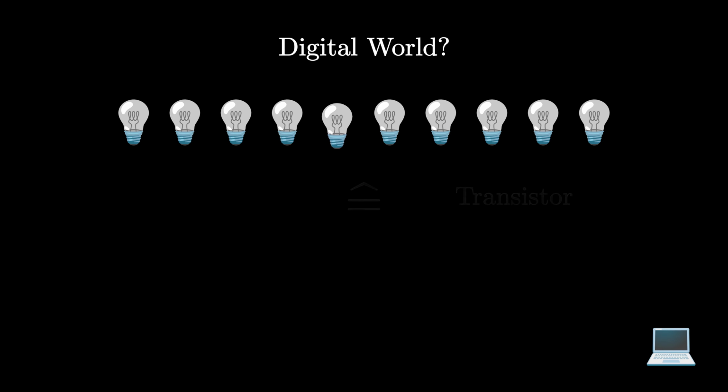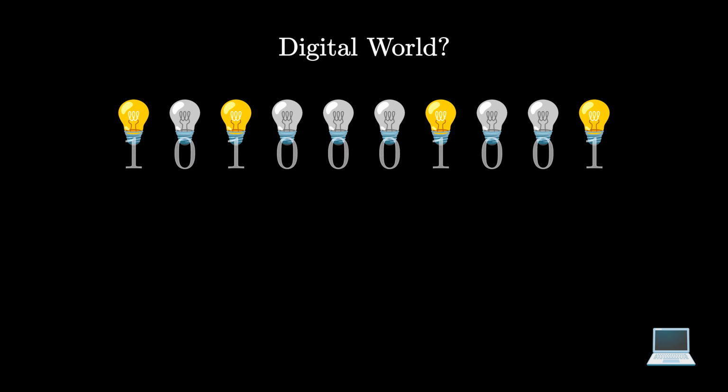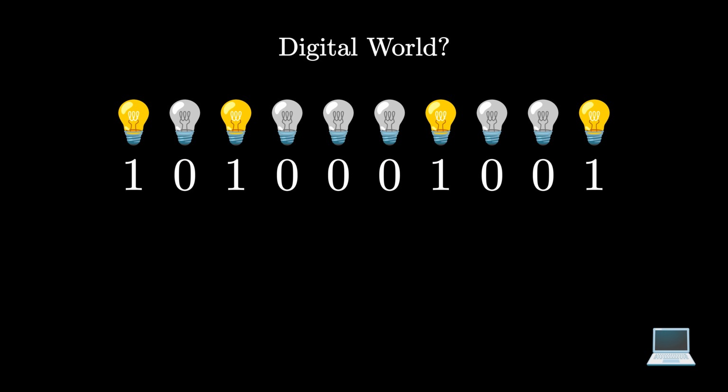And when we humans want to write down a number that the computer can understand, we don't draw on and off light bulbs or transistors every time, but instead use the symbols 1 and 0 and call them bits. If a computer can work with numbers, then it can also work with anything that we can represent in the form of numbers.